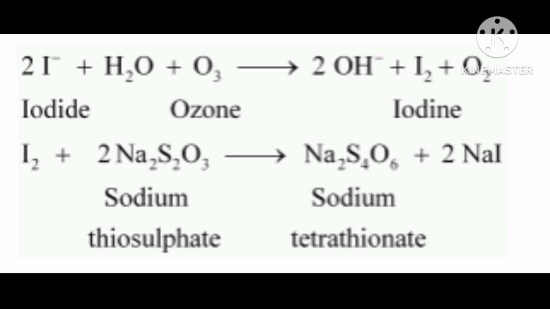Now 2Na3 is there, then 1 sodium means 1 positive, 3 sodium means 3 positive, and 2Na3 means 6 positive. Now aluminum has taken 3 electrons.